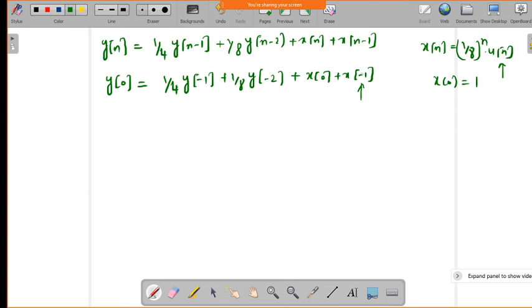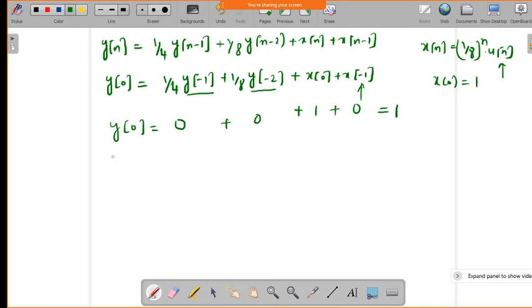So then x of minus 1 becomes 0. So this will be 0 and this will be plus 1. Okay. So now we have assumed all the initial conditions are 0. So if you assume all the initial conditions are 0, this will become 0 and this will become 0. So your y of 0 is equal to 1.